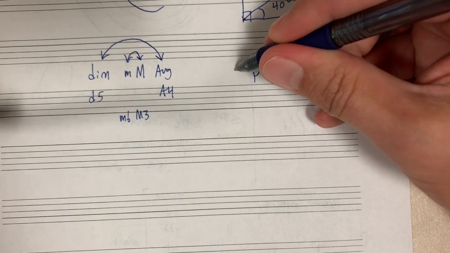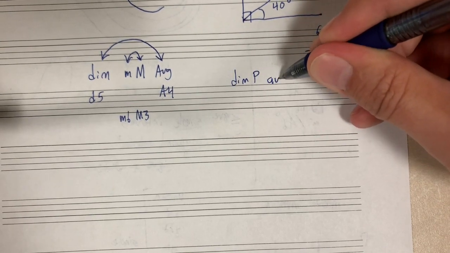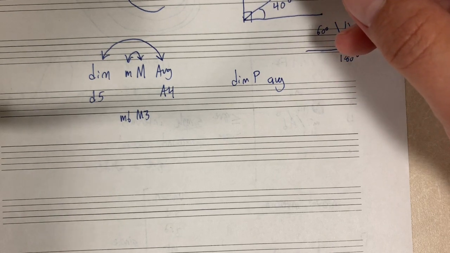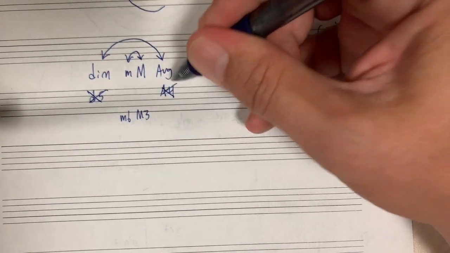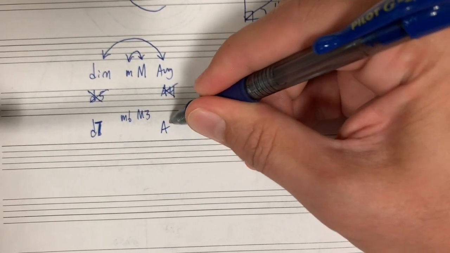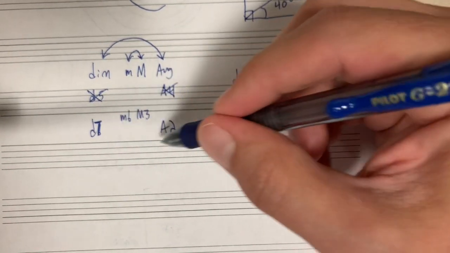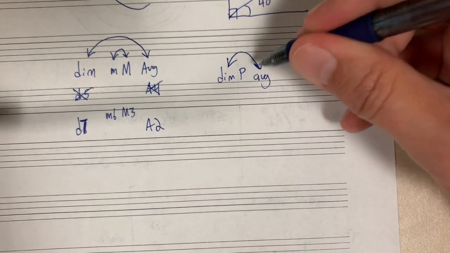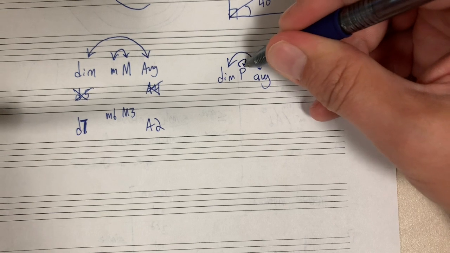With unisons, fourths, fifths, and octaves, I shouldn't have written those there. A diminished seventh inverts into an augmented second. See, 7 plus 2 is 9. Diminished goes to augmented. Diminished goes to augmented also with perfect intervals, and perfect goes to itself.